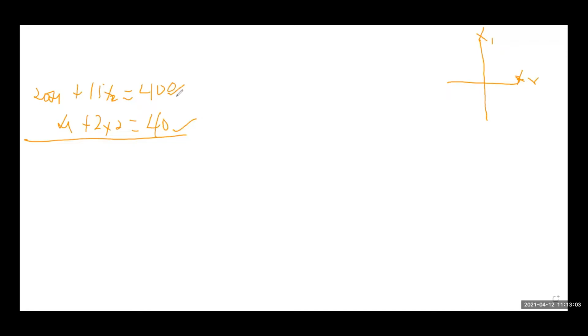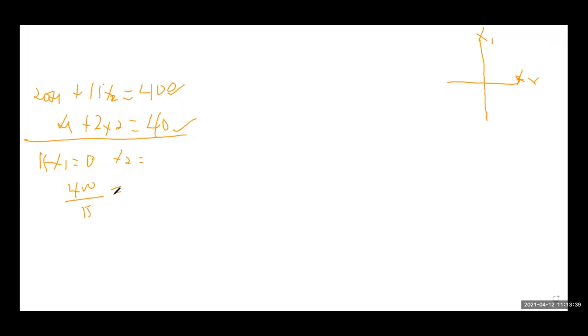So if I pick equation 1 and I want the coordinate for x1 and x2, I will assume if x1 is 0, what should be x2 in this equation? It means that if x1 is 0, I'm left with 15x2 equals 400. And for that matter, x2 will be 400 divided by 15.